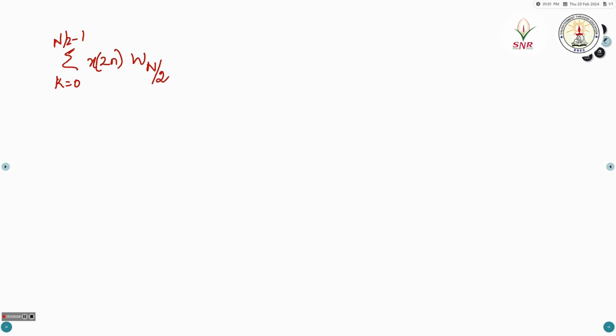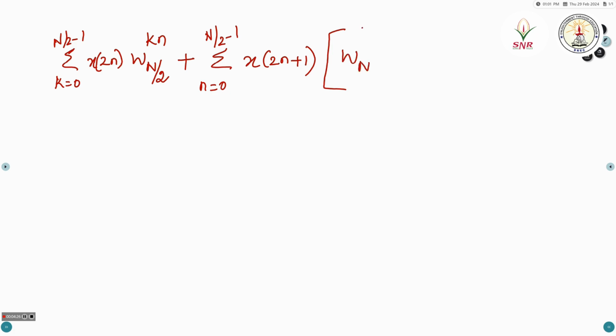So W_(N/2)^(kn) plus summation n equals 0 to N by 2 minus 1 of x(2n plus 1) into, here we have two terms in the place of n, that is 2n plus 1. We are splitting this as W_N^(k·2n) times W_N^k.